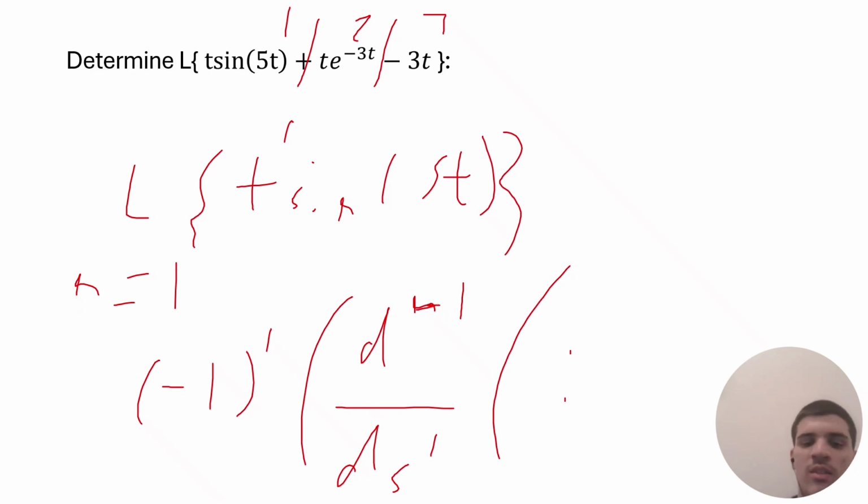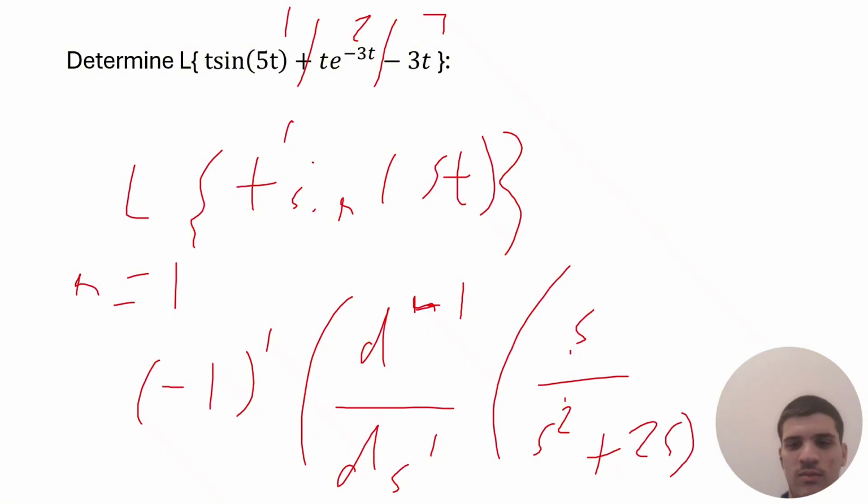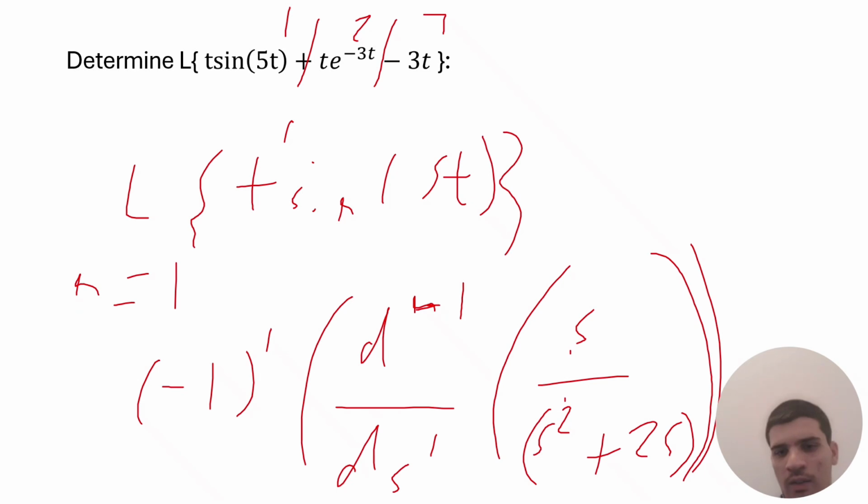The Laplace of sine 5t, applying the rules that we learned in basic Laplace, is going to be a over s squared plus a squared. So it's going to be 5 over s squared plus 25. You have to find the first derivative of 5 over s squared plus 25.